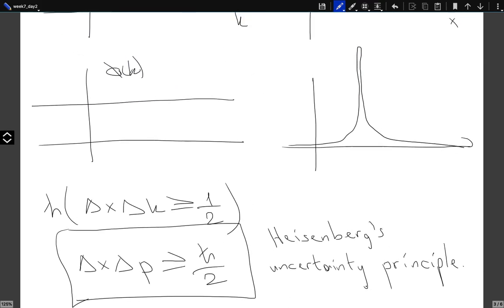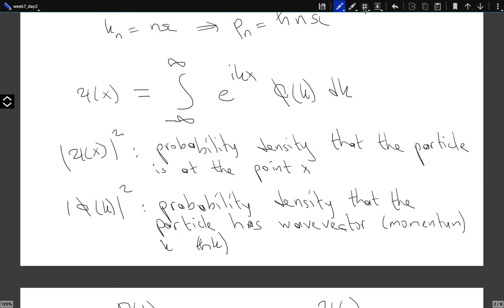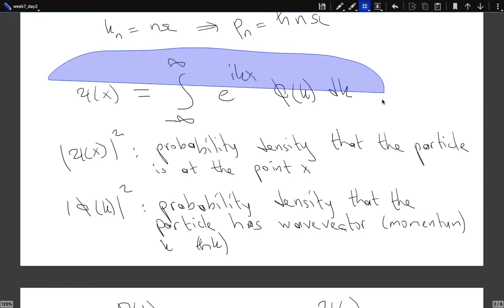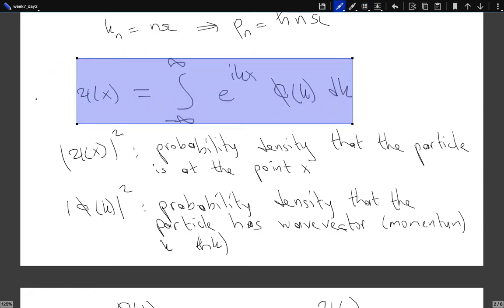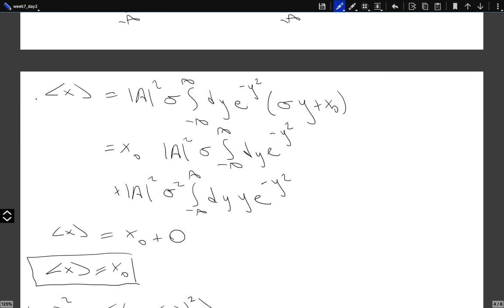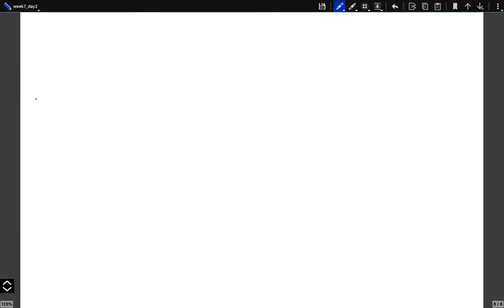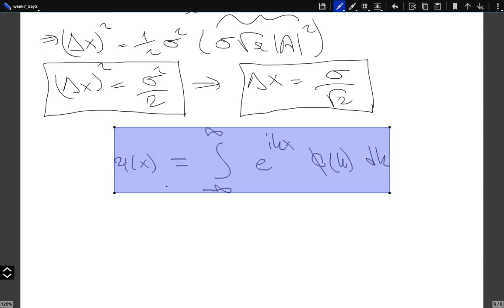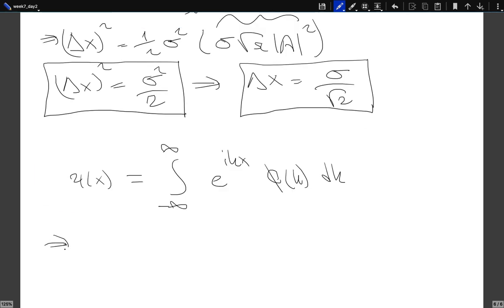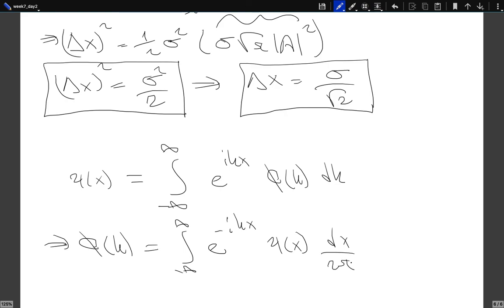Now, the probability in K-space, we define it through this relation. So what is your phi of k? It's a similar integral, e to the power minus i kx. We are integrating this time psi of x dx, and you have to put some 2 pi somewhere.